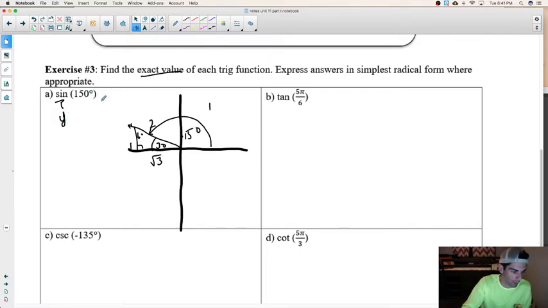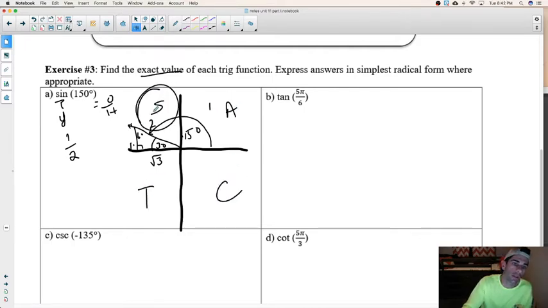So this is going to be the opposite over hypotenuse. So the opposite is 1, the hypotenuse is 2, so that's going to be 1 over 2. Now, is this value going to be positive or negative? All students take calculus. Sine is positive. There you go.